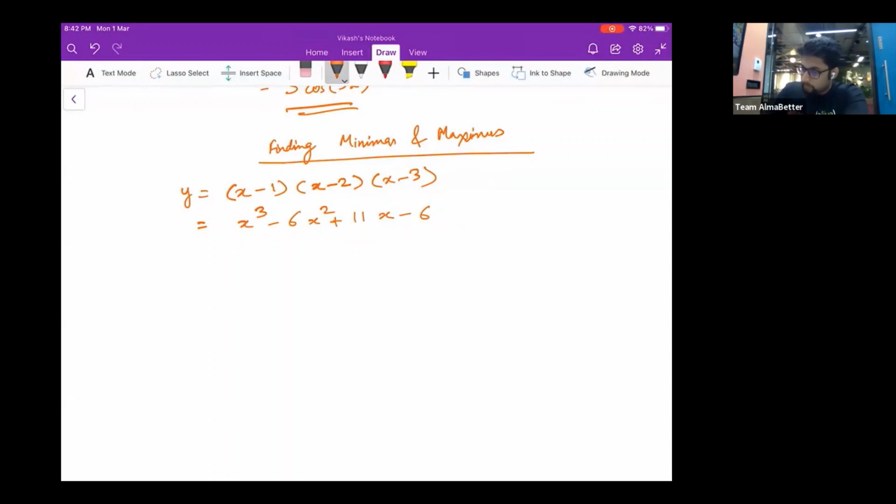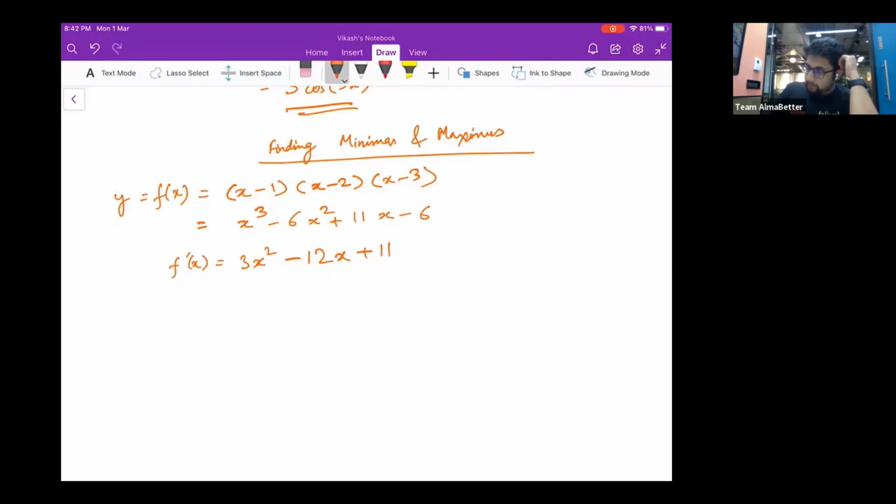We need to find the first derivative of this, right? So f dash x is nothing but 3x square. This is x to the power n. The derivative of that is n x to the power n minus 1. And then similarly, if you do, it will come out to this.